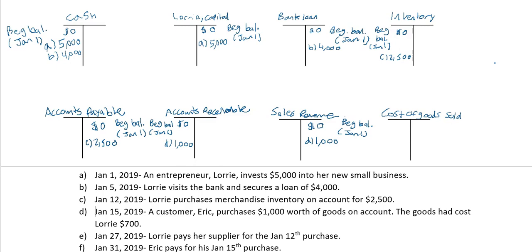This account reflects what you paid for something that you sold. So in this case, we paid $700. So we'll go ahead and record that.